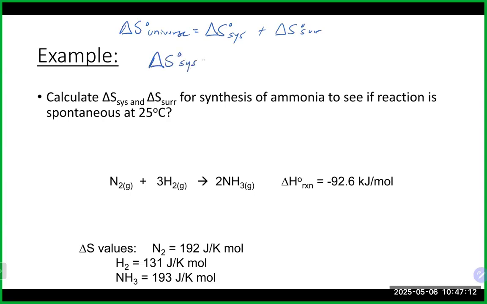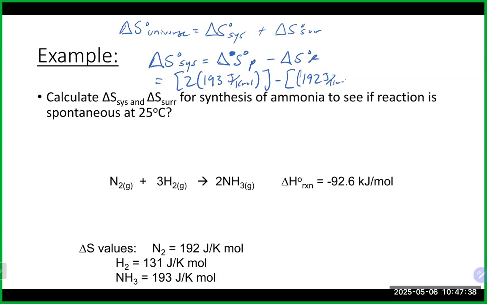Again, we're going to do our products minus our delta S of our reactants. Putting that in on our product side, we have 2 times our NH3 value from the table, which is obviously where you would go find it if it was not provided. We're going to subtract from that our reactants: 1 nitrogen, 192, added to 3 times our hydrogen, which is 131 in this case.